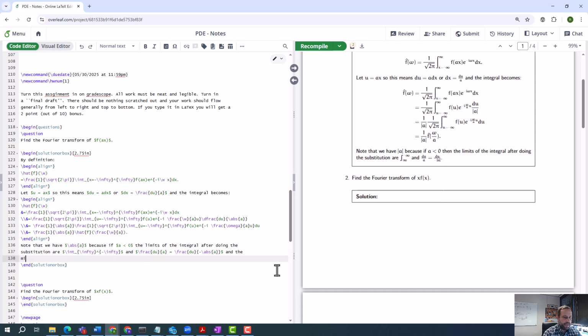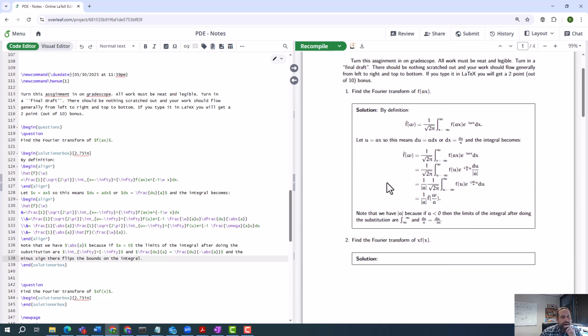And the minus sign there flips the bounds on the integral. Okay? So now we have to ask a question. We know what happens if a is positive. We know what happens if a is negative. What happens if a is equal to 0?